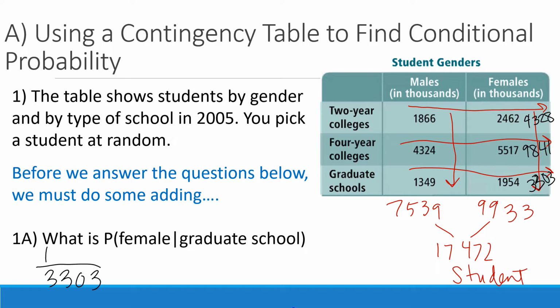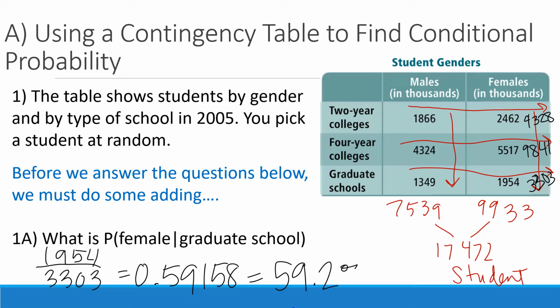There are 1,954 females in grad school. We put that in our calculator and get 0.59158, which you can leave as a decimal, a fraction, or a percentage, which would be approximately 59.2% of these students in grad school are female.